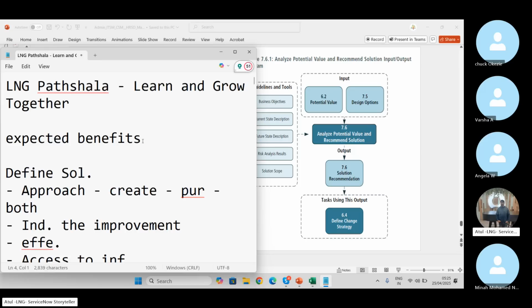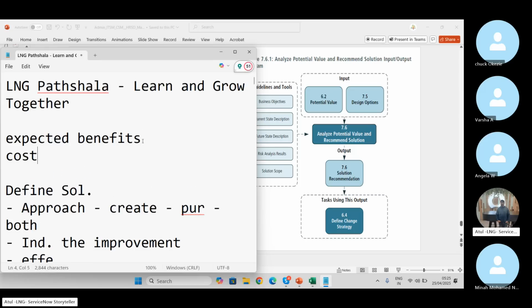Now, a benefit comes with a cost, and again, expected cost.